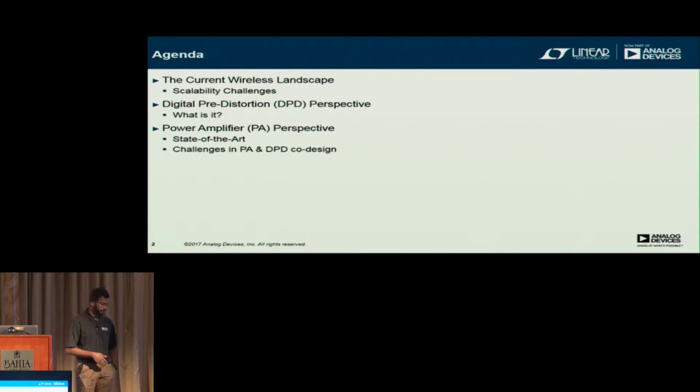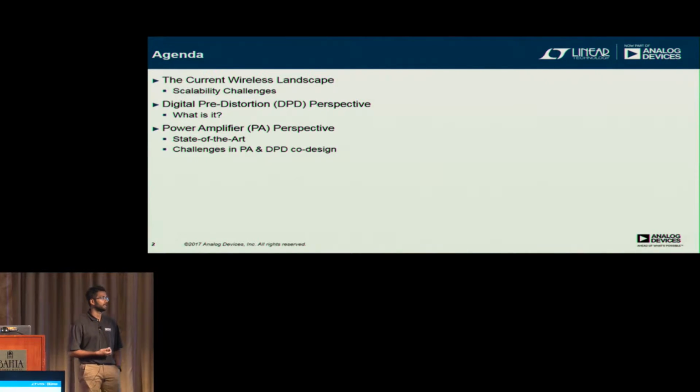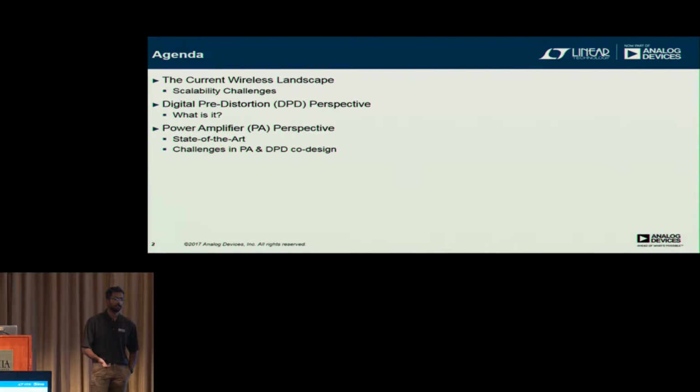Since we're talking about DPD, we also need to talk about power amplifiers and understand some of the problems that most system designers face when using digital pre-distortion, because the power amplifier is a high power RF device and imposes its own challenges.